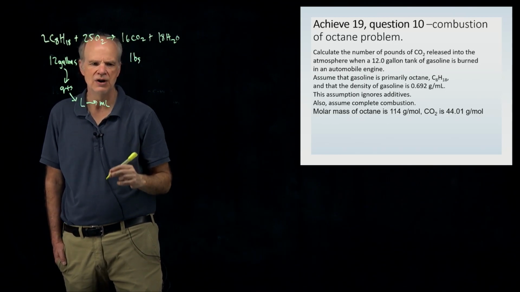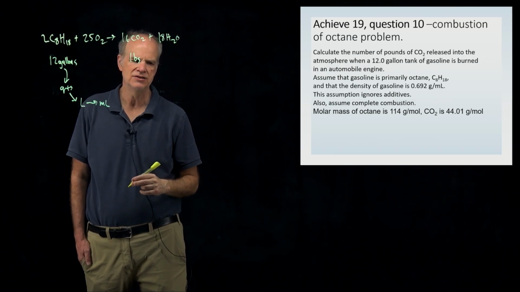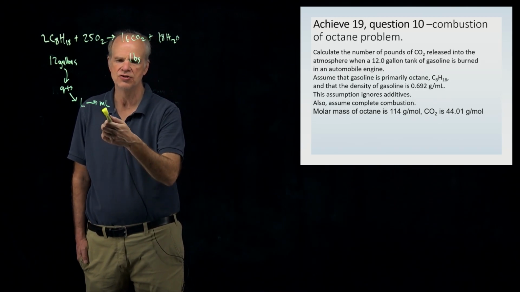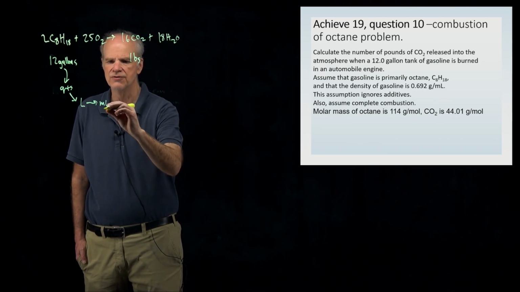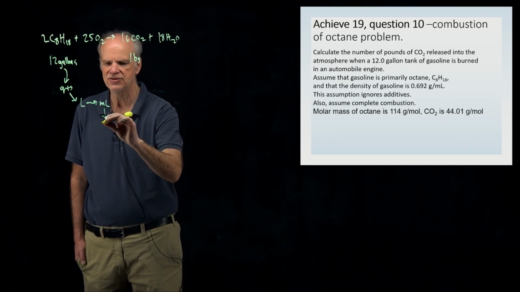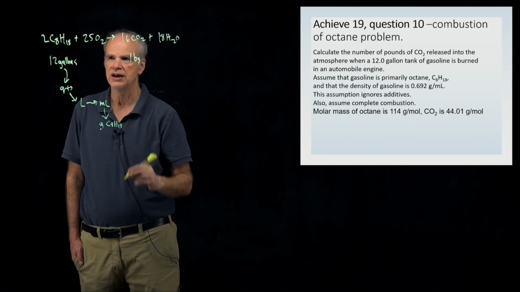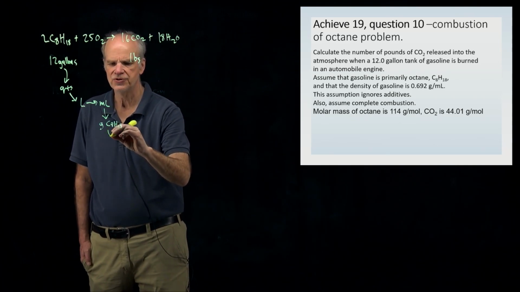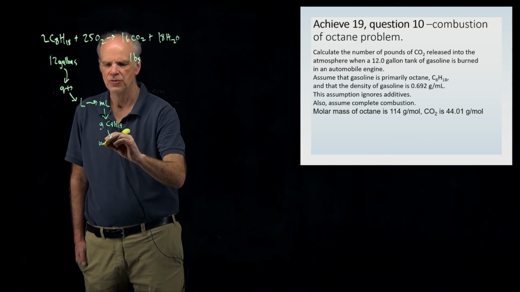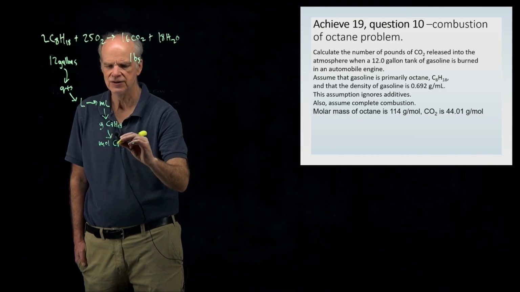And then you actually have a density of octane. So if you know the milliliters of octane, you can convert this into grams of octane. Let me again just indicate that this is octane here. Okay, then convert grams of octane to moles of octane.